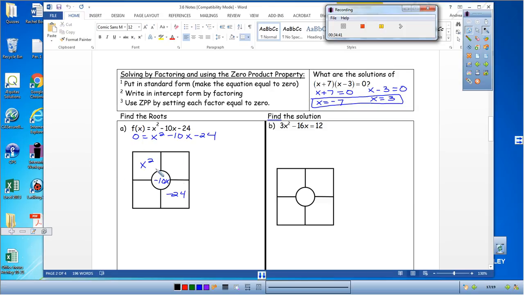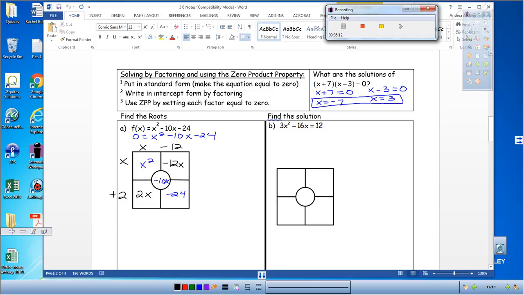Okay, Oscar, what did you get for your factors? So 12 and 2. Which one needs to be negative? Very good. So in order for these two to subtract to 10, the 12 needs to be negative, and then the 2 needs to be positive. How many of you got 6 and 4?